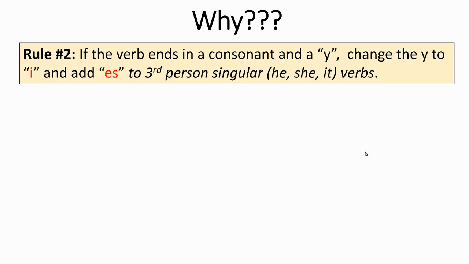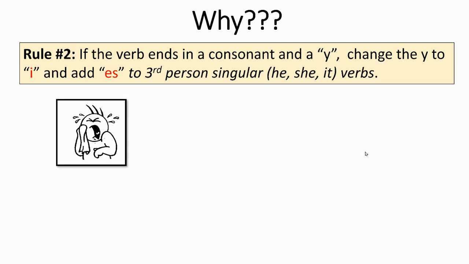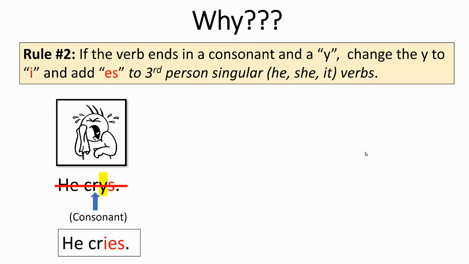If the verb ends in a consonant and a Y, change the Y to I and add ES to third person singular, he, she, it verbs. He cries. So I see cry ends in Y, and next to Y is consonant R. So we change the Y to I and add ES.